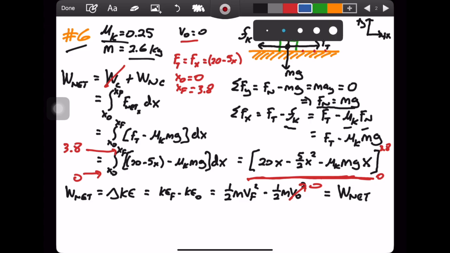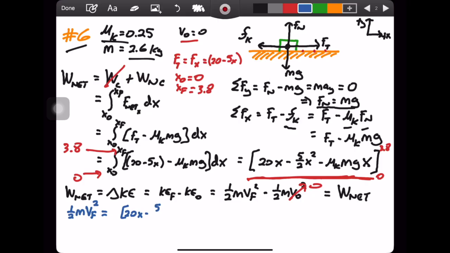So now what I have is 1/2 the mass of the block times whatever the final velocity is after it's been pulled 3.8 meters, v squared, is equal to 20x minus 5/2 x squared minus mu k mgx, and that's evaluated at x equals 3.8 and x equals 0.